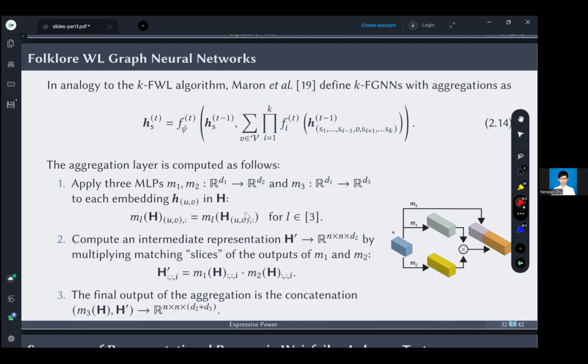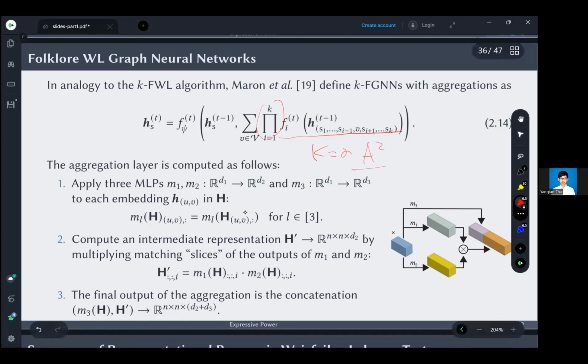For a k-tuple, if I consider k equals 2, remember in the construction we introduced earlier, we encode the adjacency matrix in the tensor, right? For k equals 2, I can multiply the adjacency matrix by itself, so it will give you A squared, right?